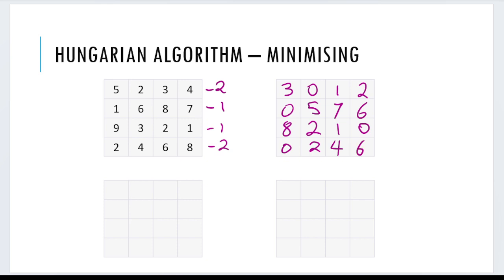Our second step is to do the same, but looking at the columns. If we look at our first column, we can see that 0 is our minimum, so we're not going to have to do anything there. Second one, we've also got 0 as the minimum, so we're not going to do anything there. Third one, we have 1, so we're going to subtract 1 from everything in that column. And our fourth one is also 0, so we don't have to touch that.